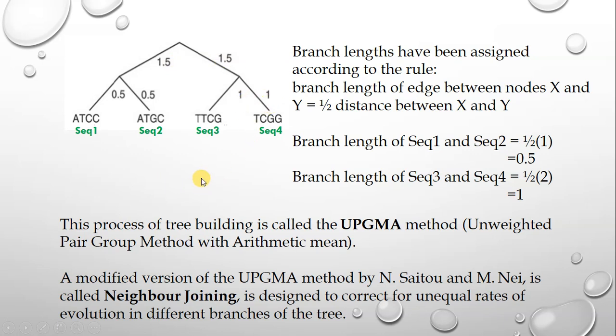Okay, I hope you got how the distance methods will treat your data and how they will calculate a tree for you. Remember, there are 2 famous methods. One of them is called UPGMA, that stands for unweighted pair group method with arithmetic mean. Also neighbour joining. Both of these methods are distance based methods.